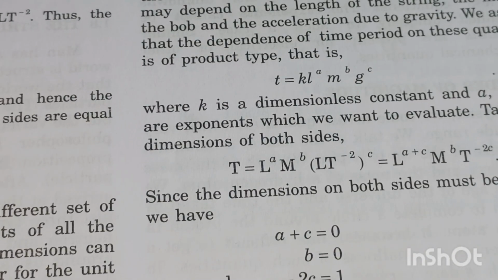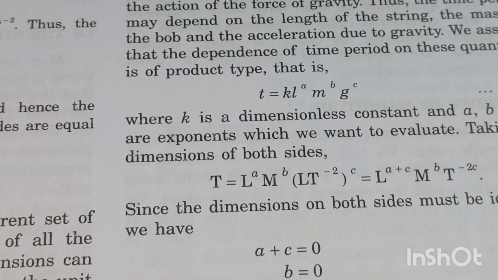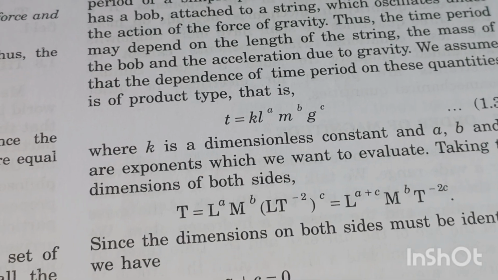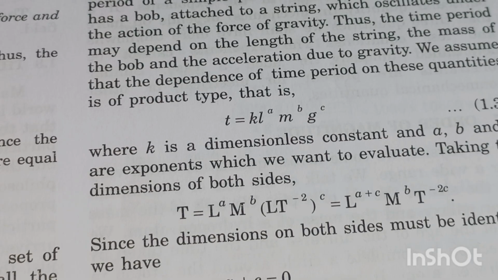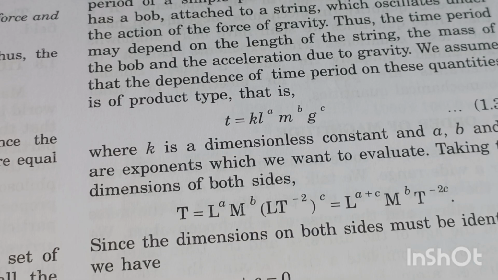So let us take a simple pendulum, which is nothing but a simple device where a bob of a mass is attached to a thread, and these two are supported by a stand.